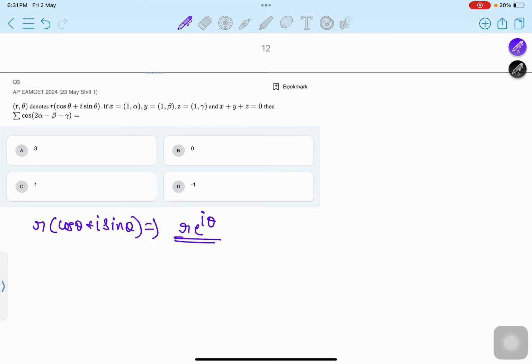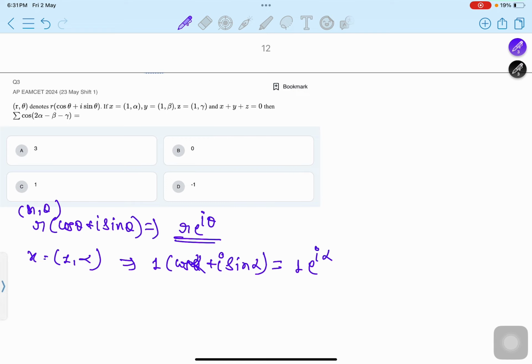So the point given is x is 1 and alpha. So that is 1 cos alpha plus iota sin alpha. So you can convert it to 1 into e power iota alpha.